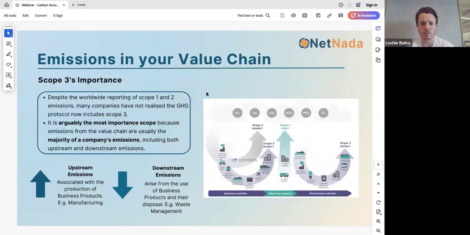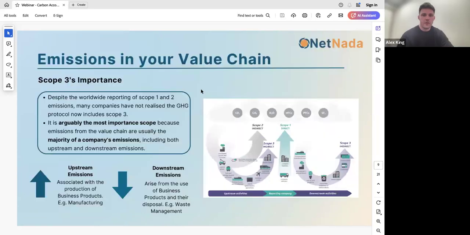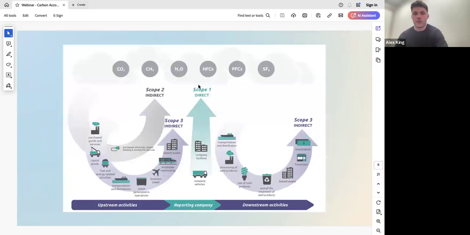Certainly, and it's a great question. I think we're going to touch on that very soon, and it's greatly anticipated. The answer, touching on it quickly, is that it was quite difficult previously, and this is why scope 1 and scope 2 are the only things mandated right now.